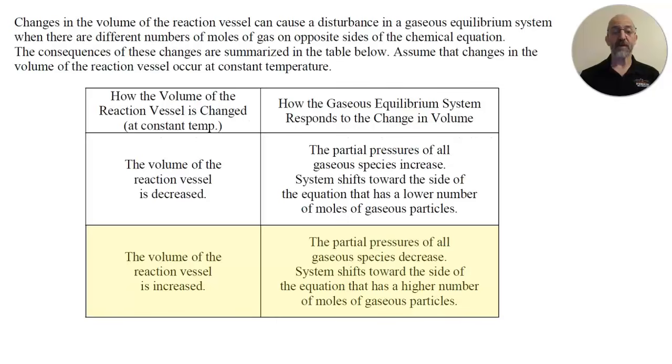So if the volume of the reaction vessel is increased, the partial pressures, or the concentrations of all gaseous species, will decrease. And how will the system reestablish equilibrium? By experiencing a shift toward the side of the equation that has a higher number of moles of gaseous particles. So what I'm looking for is a balanced chemical equation where there is a greater number of moles of gaseous products as compared to reactants.